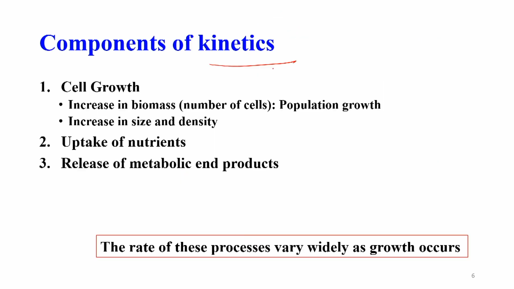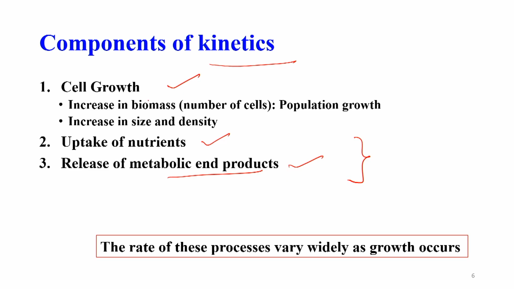Now, once we are talking about kinetics, what changes with time? Cells, there is cell growth with time. In addition, there is depletion of nutrients, and there is formation of products as well. We will be seeing the kinetics of cell growth, and separately in the next module we will be seeing the kinetics of substrate utilization and product formation.